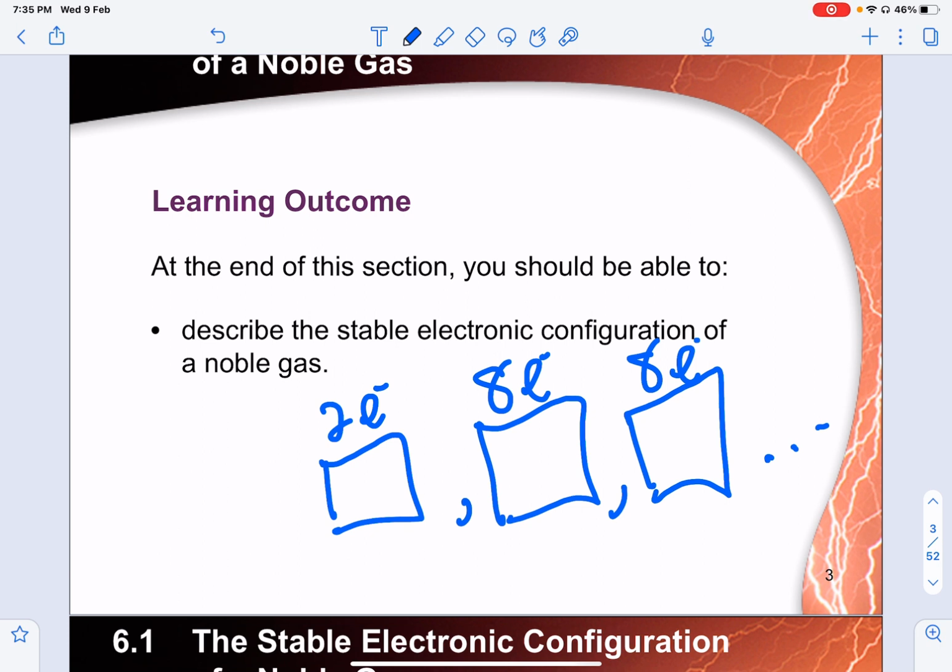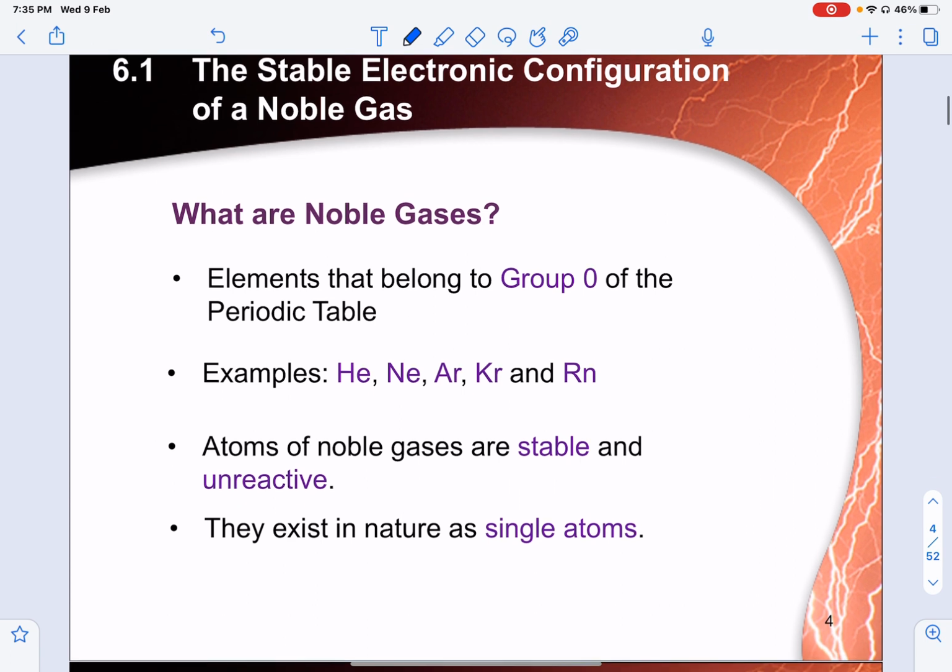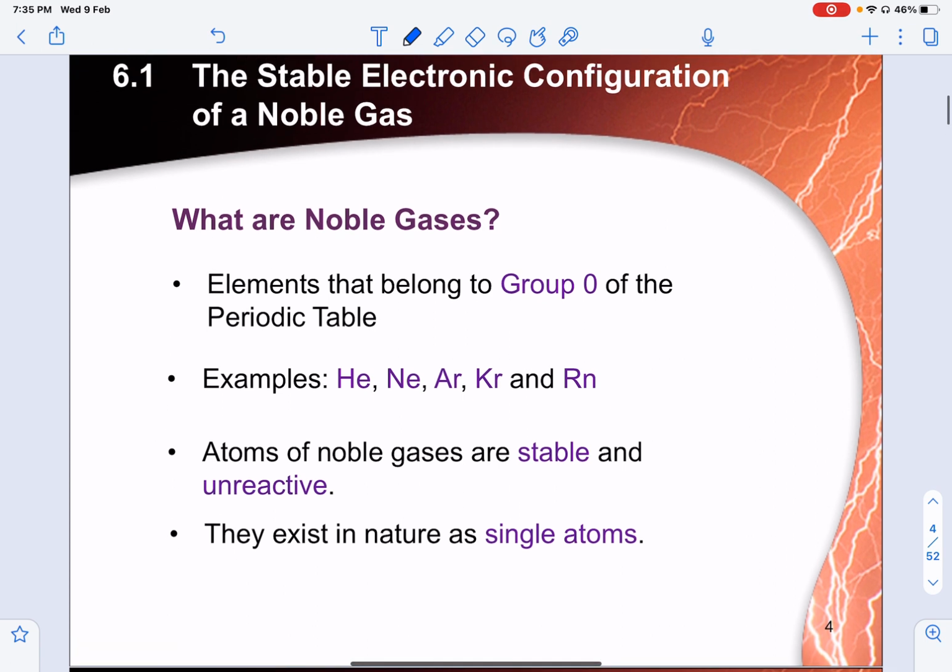Having said that, in the later chapters, you will also understand that the number of valence electrons goes according to the group number, whereas the period number indicates the number of electron shells in an atom. So to start off, we look at a full, complete electronic configuration.